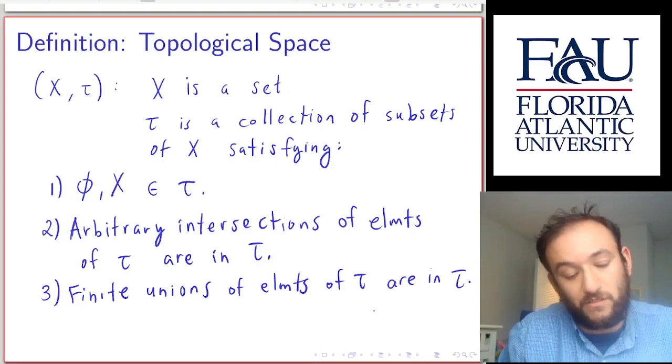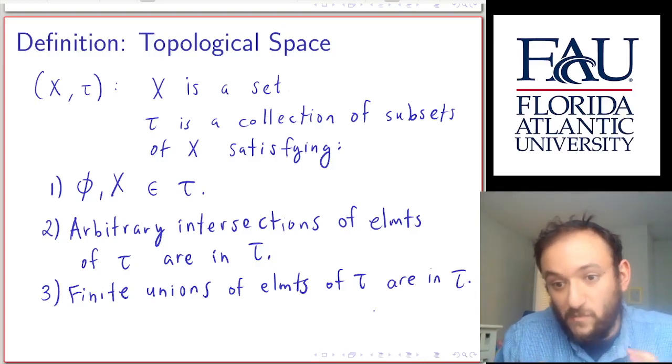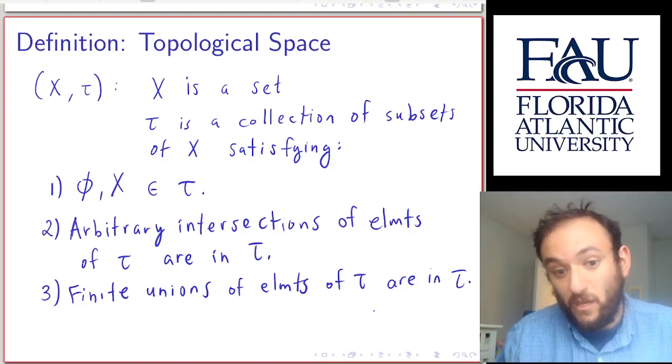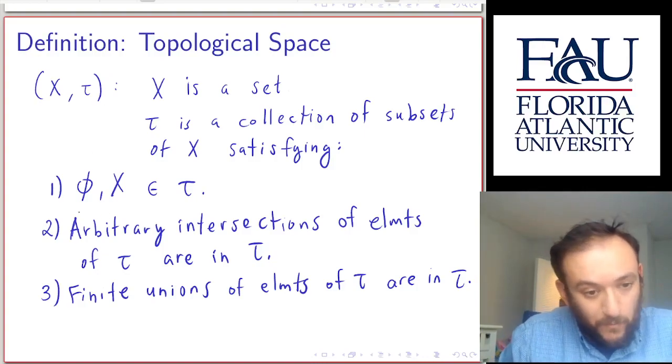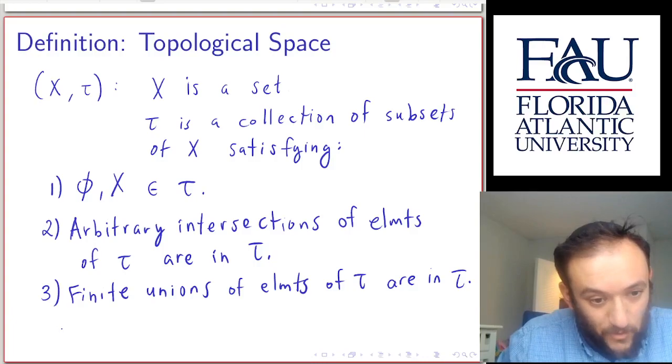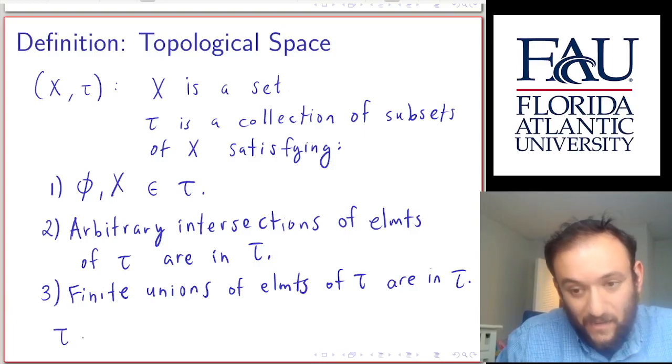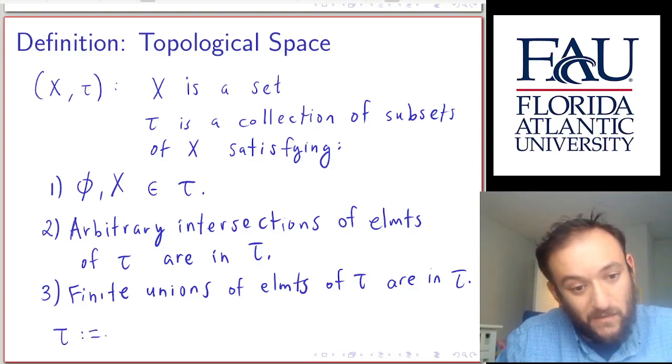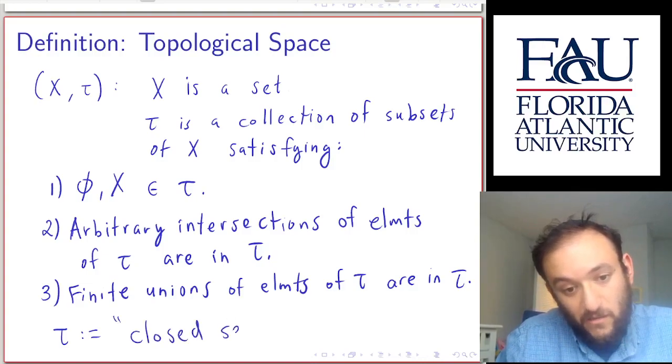It's important to note that the unions must be finite, but the intersections are allowed to be arbitrary. Under these axioms, tau is called the set of closed sets of the topology.